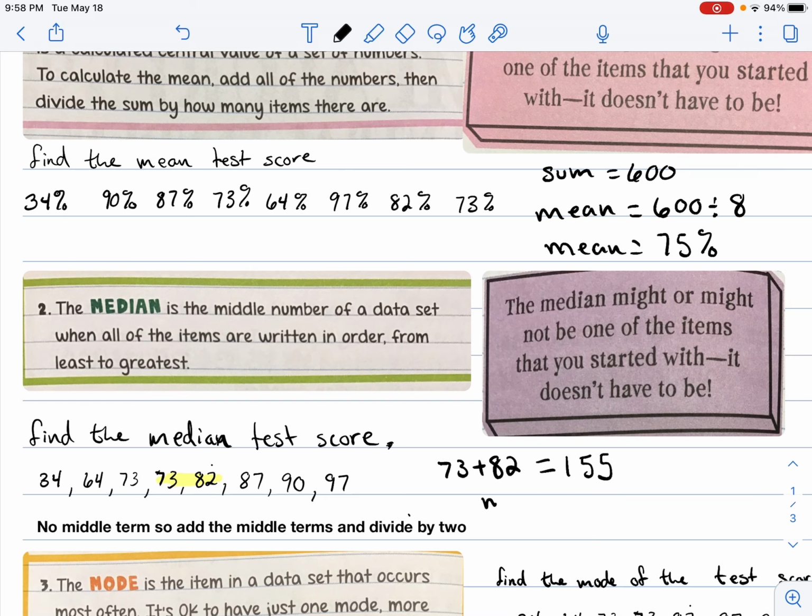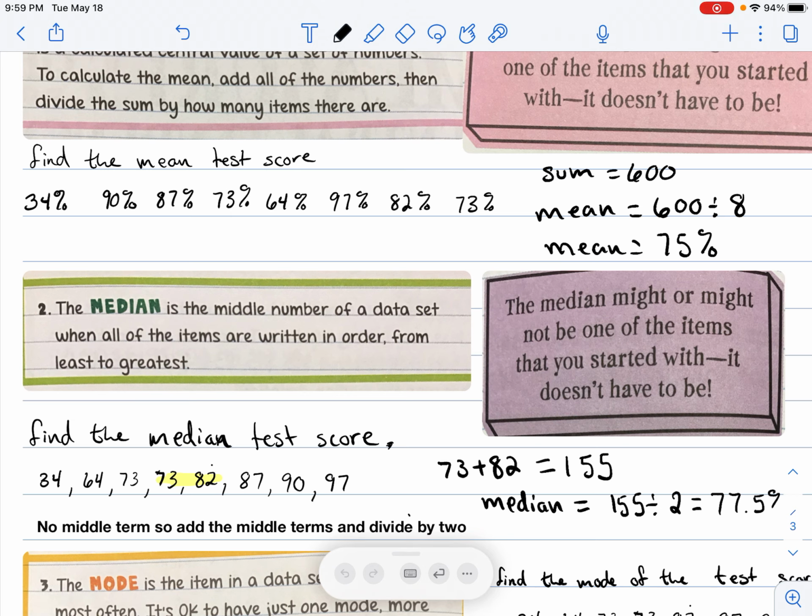So then our median is going to equal 155 divided by 2. Okay, which when you take 155 and divide by 2, you're going to get 77.5.